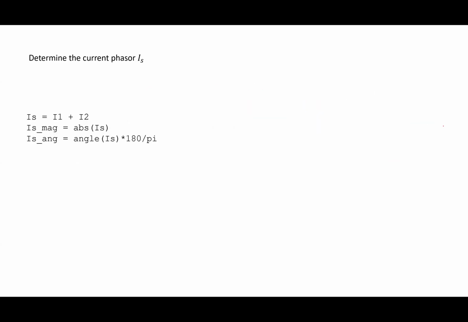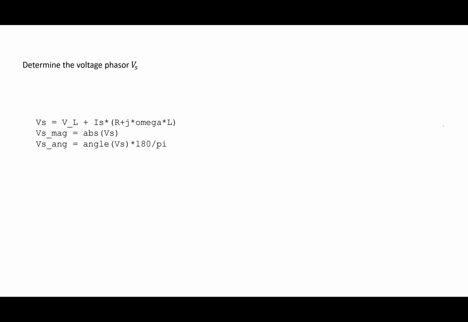You can look at my code for that. I said VL plus I times R plus j omega L. I could do all the individual components, or I could just let MATLAB do the work for me. And I generally just tend to let it do the work for me.